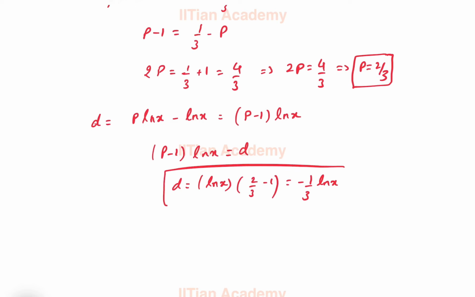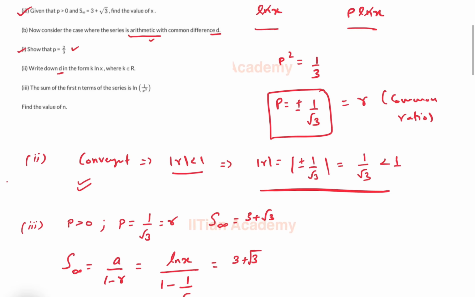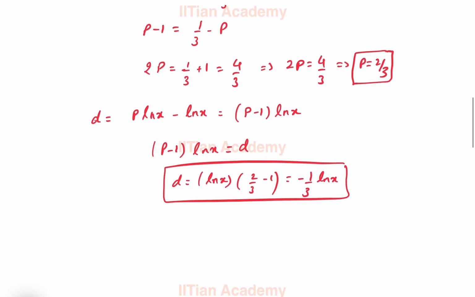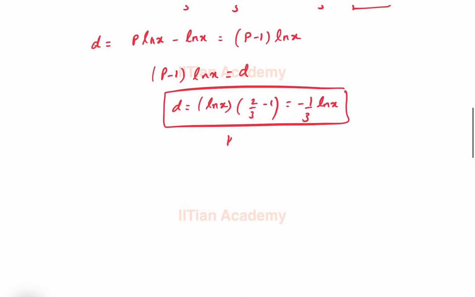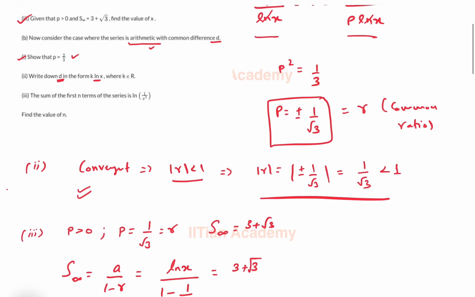So we get minus 1 by 3 natural log of x. So we get a relation between d and natural log of x. So we have written d in the form of k times natural log of x. If we compare, the value of k will be minus 3. So this is our solution for the second part.